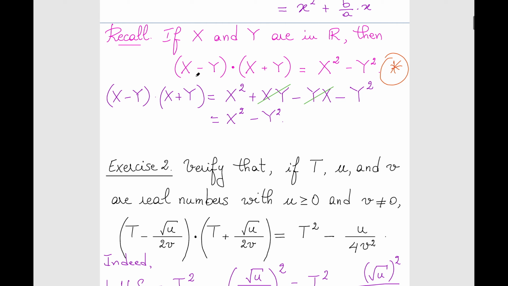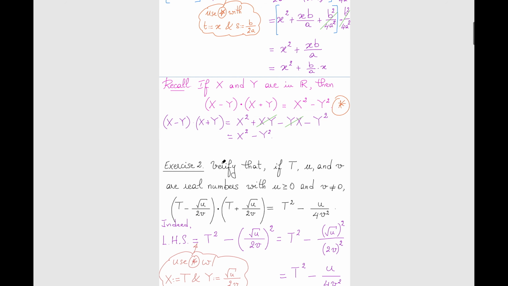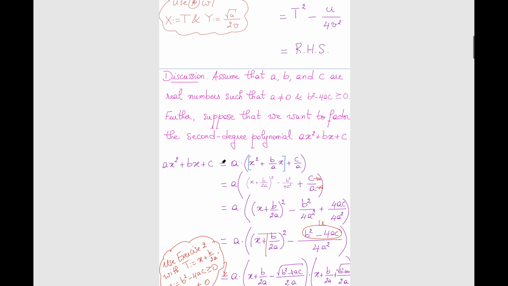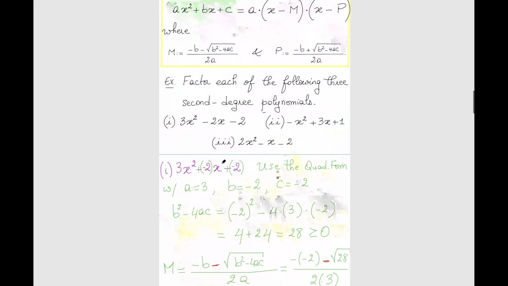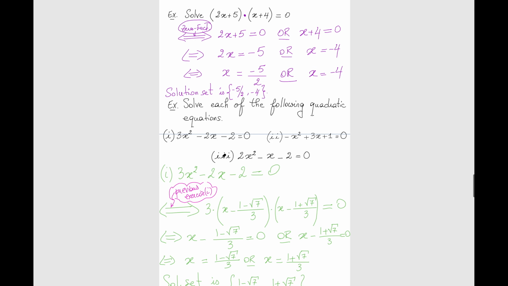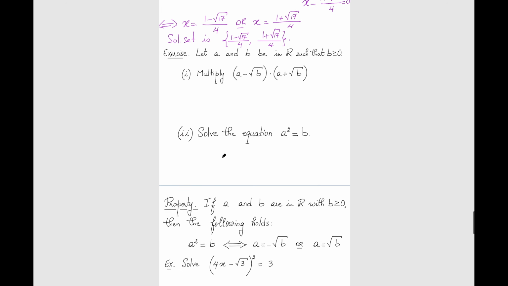So it's of the form x minus y times x plus y, and we took the time to actually develop this formula. This is x squared minus y squared, right? So this was on page 2. All right, so I'm going to refer to it now. Where are we? We're here.